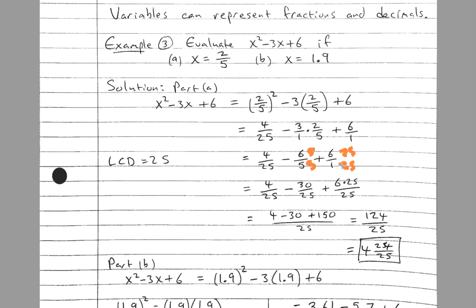Maybe we could just leave that 6. But okay, so on top it's 4 minus 30 plus 150. When you're adding a bunch of signed numbers, you could add the positive ones first. So that's 154, and then add negative 30. That's 124.